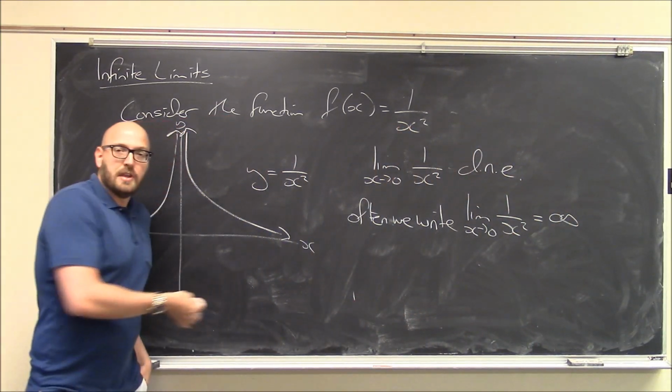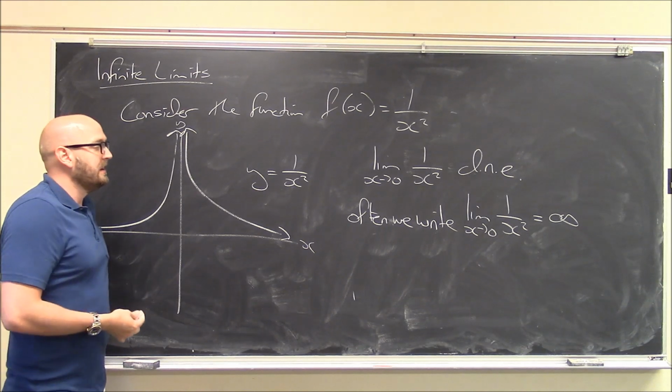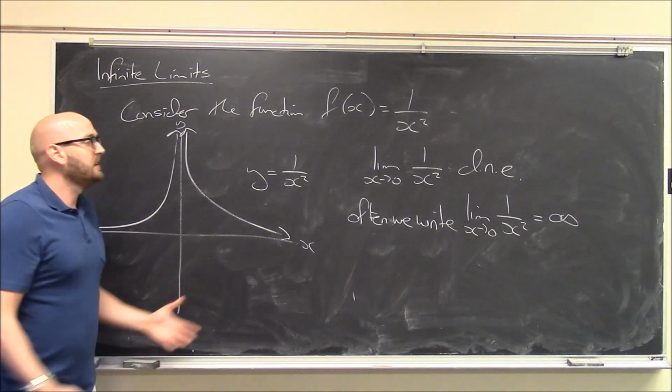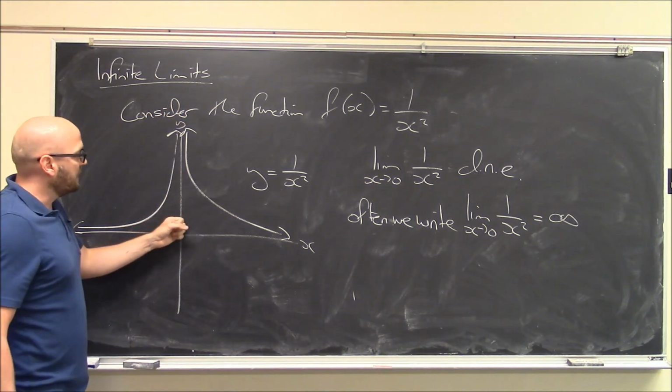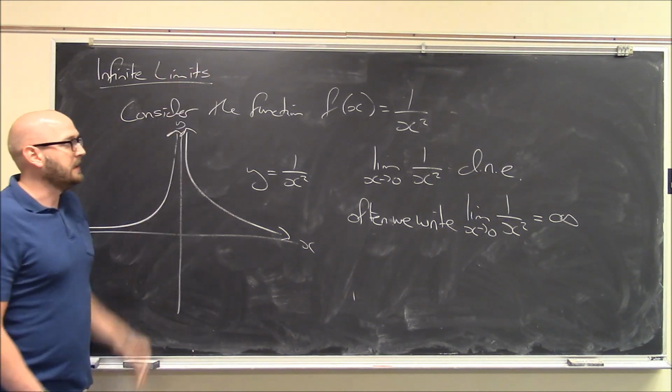If you wrote that, anybody would understand what you mean. You're technically saying the limit doesn't exist, but it fails to exist in a particular way: because the function is blowing up to infinity.